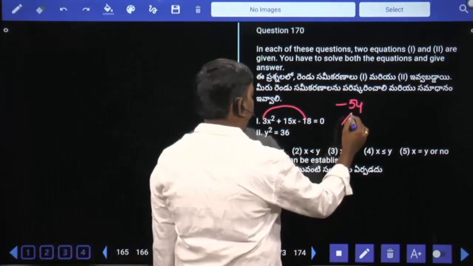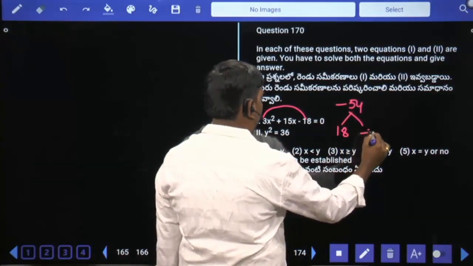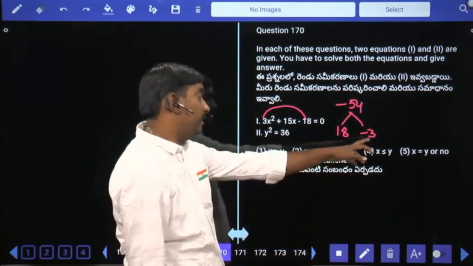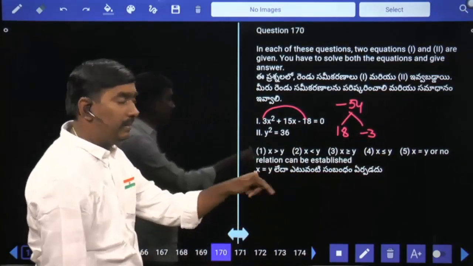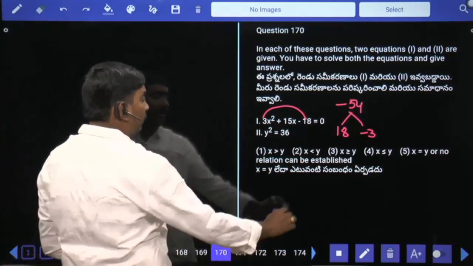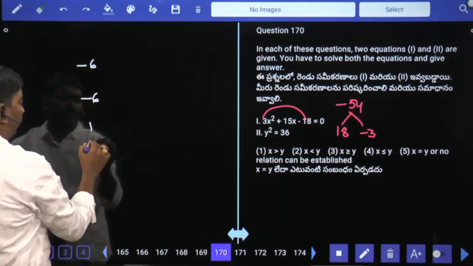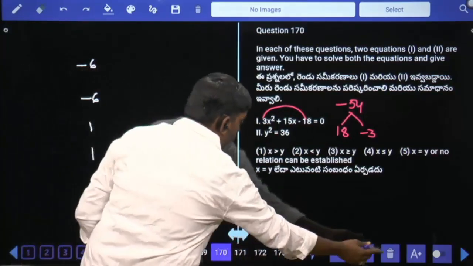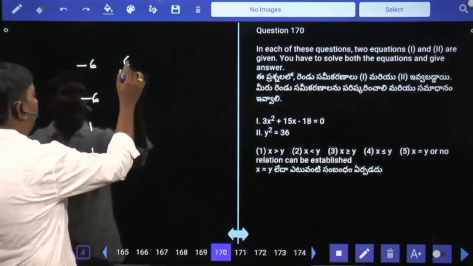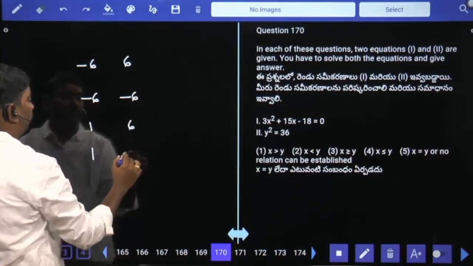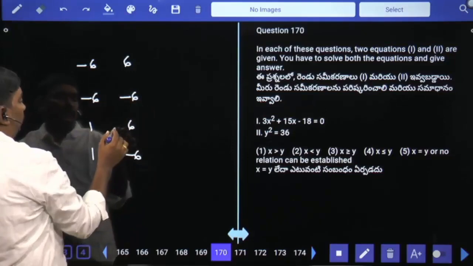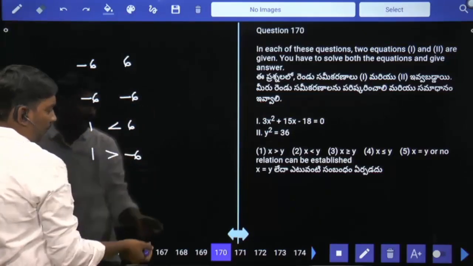Factors also same, plus 18 minus 3, will give us plus 15, finally minus 18 plus 3. Minus 18 by 3 means minus 6, 3 by 3 means 1. y square value 36, y value plus or minus 6. Less than, greater than, no relation.